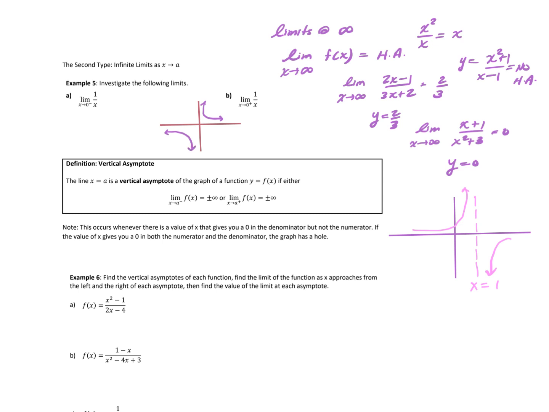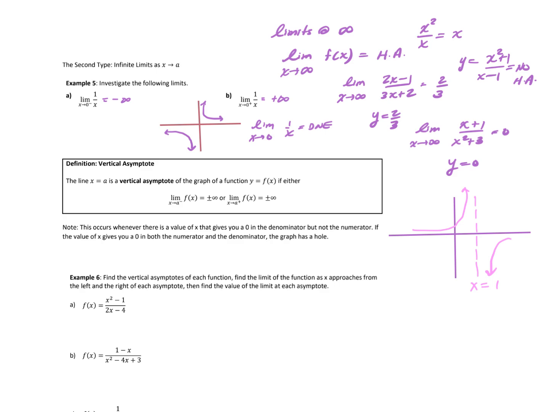If I go to 0 from the left-hand side, my graph's going to negative infinity. If I go to 0 from the right-hand side, my graph's going to positive infinity. So if we did the limit as x goes to 0 of 1 over x, we would put does not exist because they're going in opposite directions.